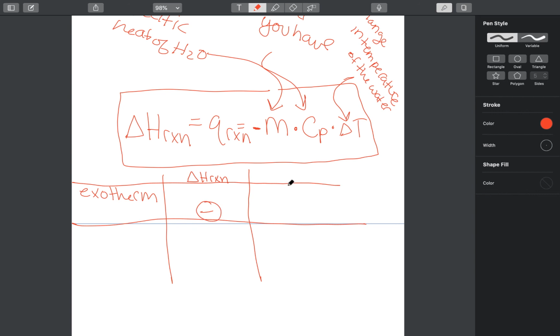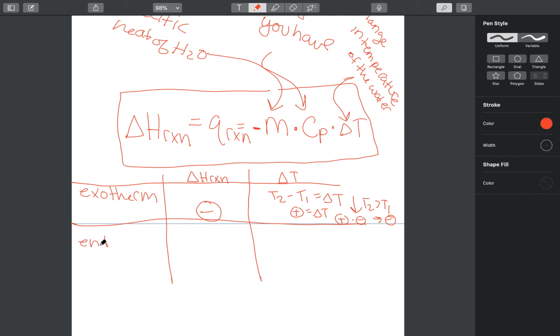And this should make sense because for the water here, if you have T2 minus T1 equal to delta T, for an exothermic reaction, the water would increase in temperature. So T2 would be greater than T1, therefore giving us a positive value for delta T. And if you multiply a positive times a negative value, you get a negative, telling us an exothermic reaction.